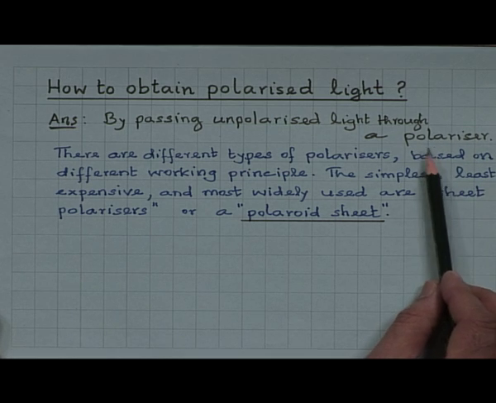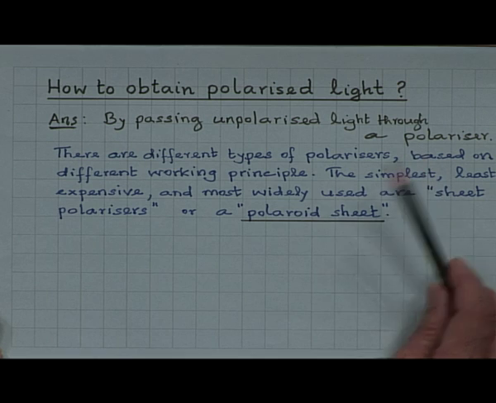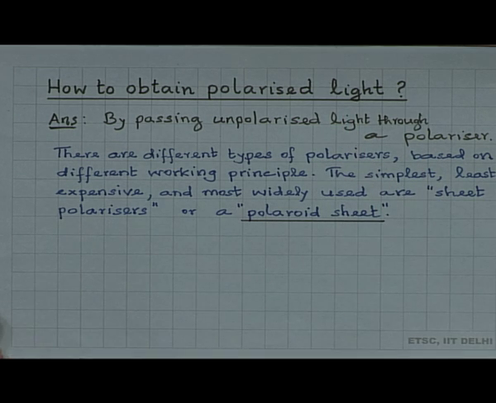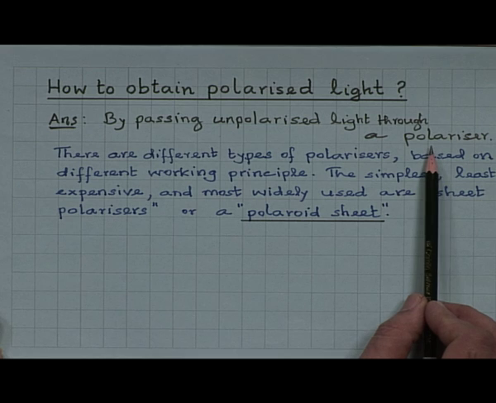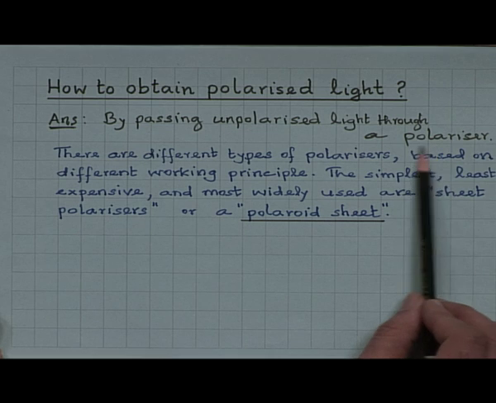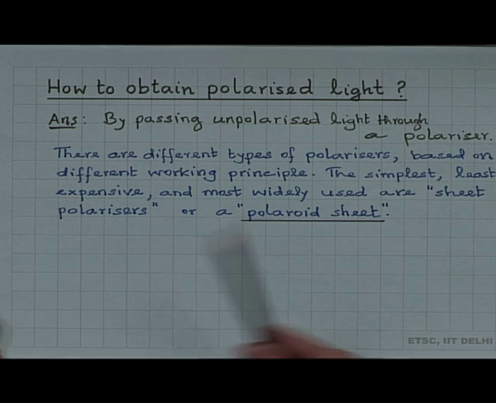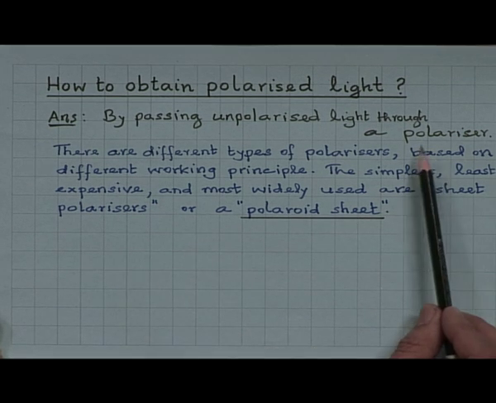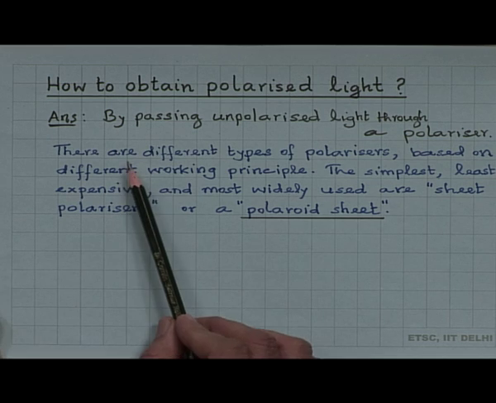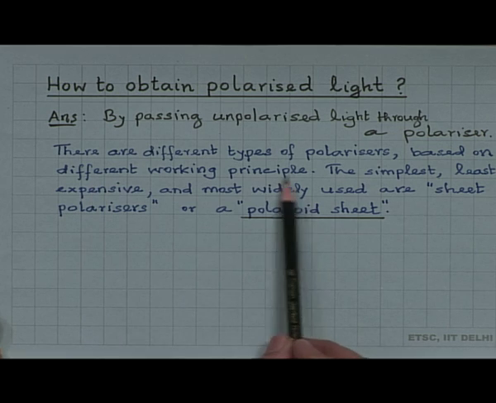That means, if you launch a particular state of polarization, it can change the state of polarization to something else, or it can polarize an unpolarized light. That is, if you launch an unpolarized light, then the output of the polarizer will be plane polarized light. There are different types of polarizers based on different working principles.